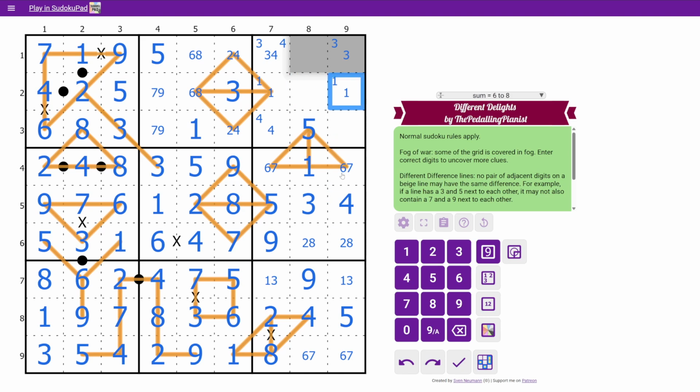Still has a 3, got pushed. No. Still marked there as 2. The 9 is in one of these two.